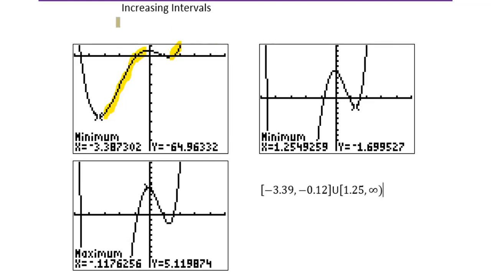In other words, the increasing intervals will be the highlighted graph. Since we already got the minimum value over here, a maximum value at this point, and a minimum value over here, we can write down the interval. Domain of interval will be like this.